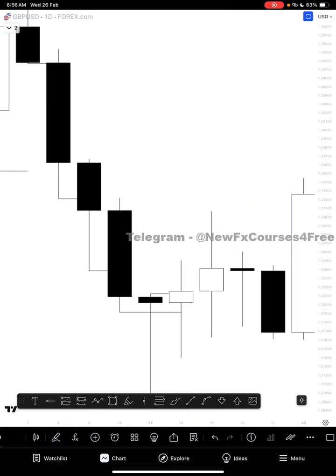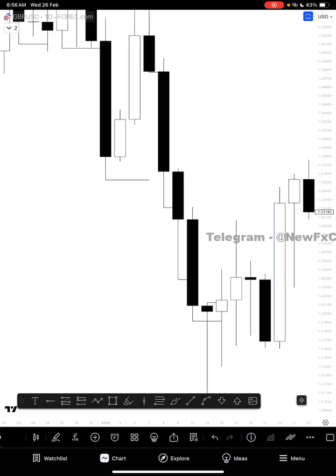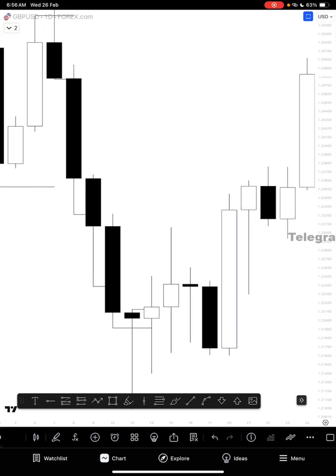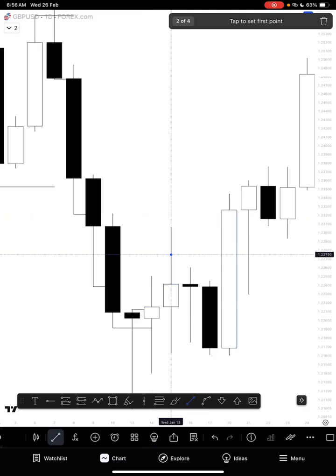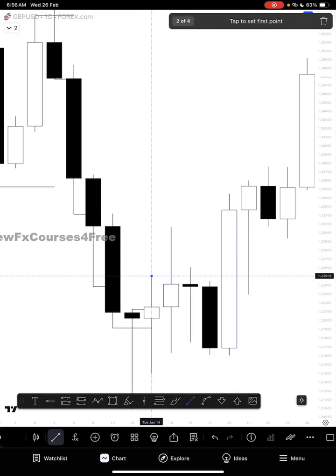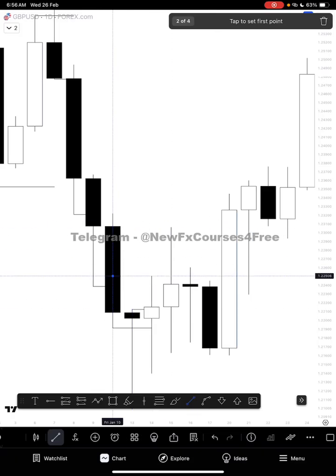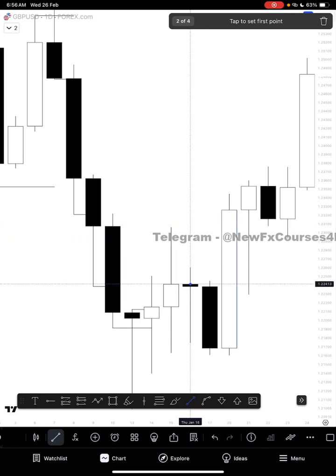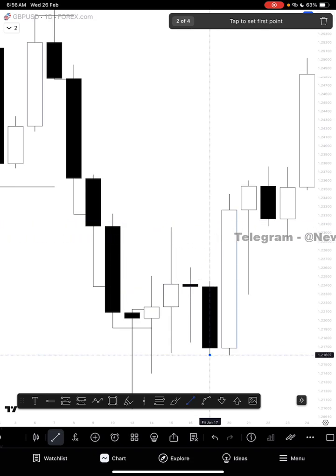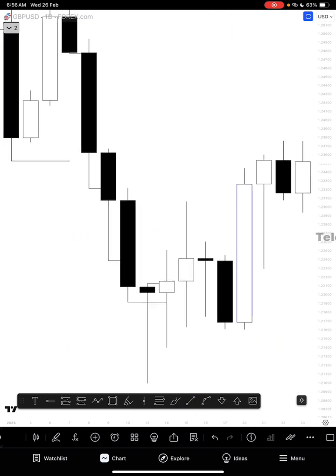Then here we got consolidations. This will be NFP week because of all these long wicks. Then we got a retracement back into a discount.